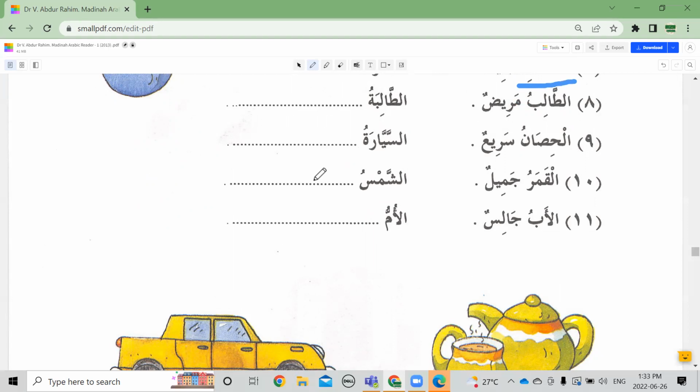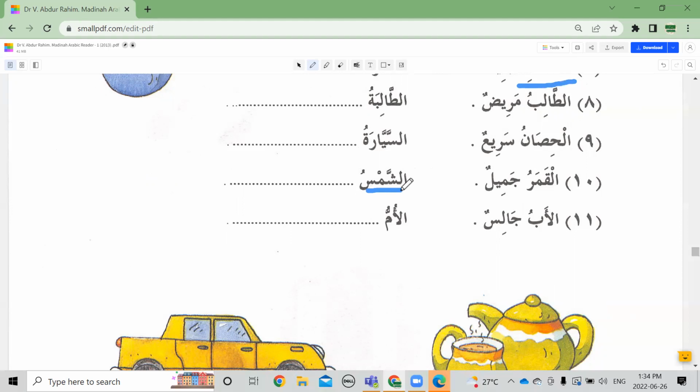Shamsu is feminine, I think. Let me just check. Yes, shamsu is feminine, so this is a little bit different: jamilatun. Moon is masculine in Arabic and sun is feminine. This is the opposite of how it is in other languages.